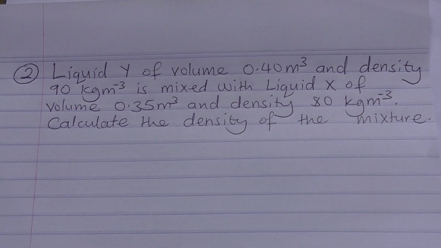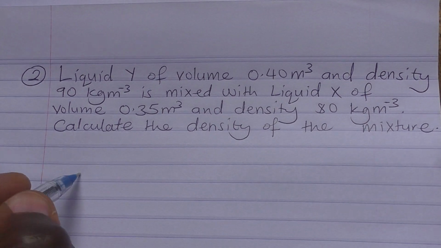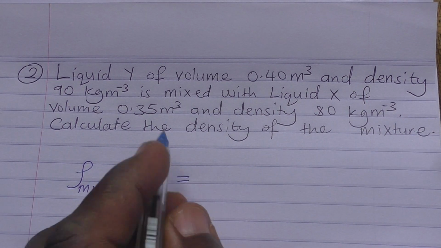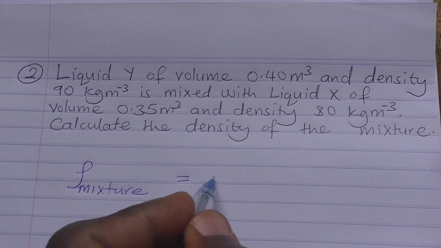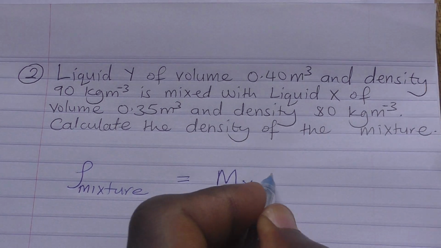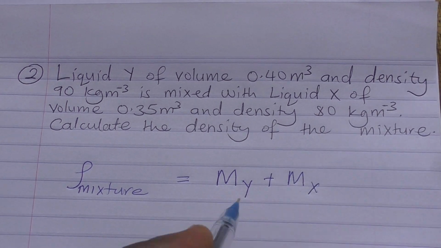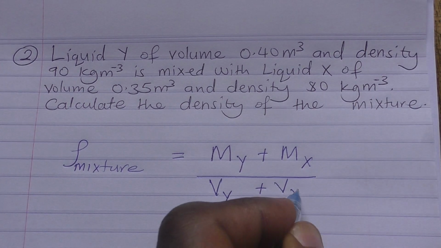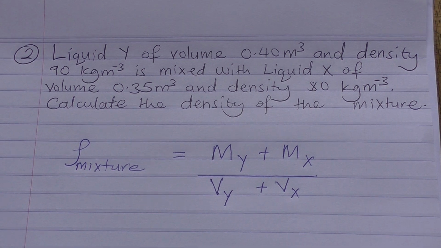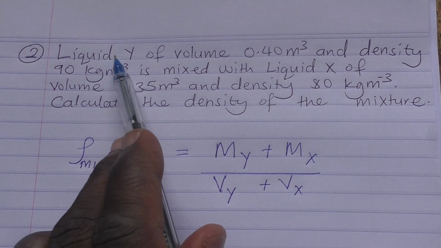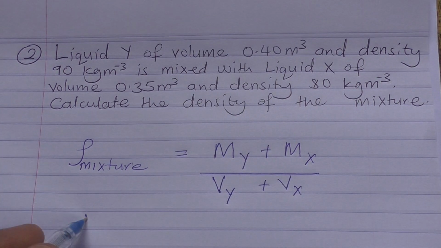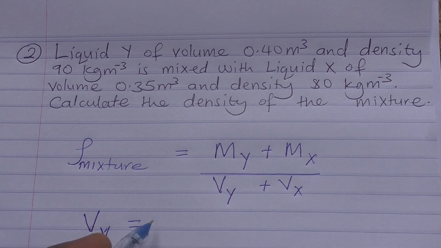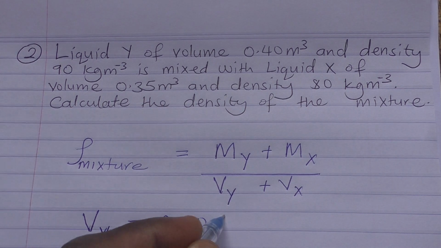So remember, we have our formula as density of mixture equaling, now since they have used the Y and the X, therefore that will be mass of Y plus mass of X over volume of Y plus volume of X. And therefore, if we are to summarize, we are told that liquid Y has a volume, so this is the volume of Y, given as 0.40 cubic meters.